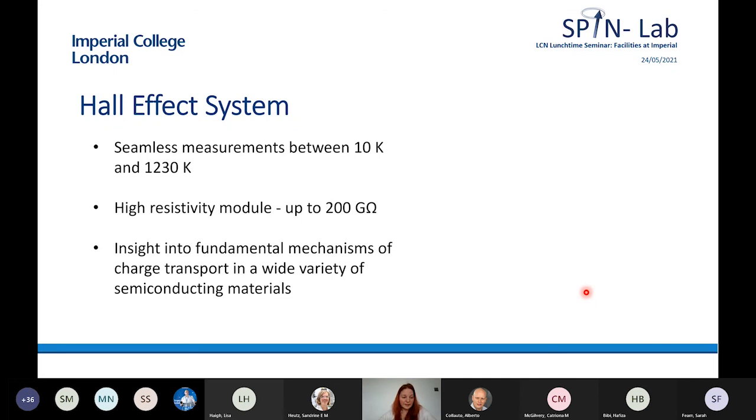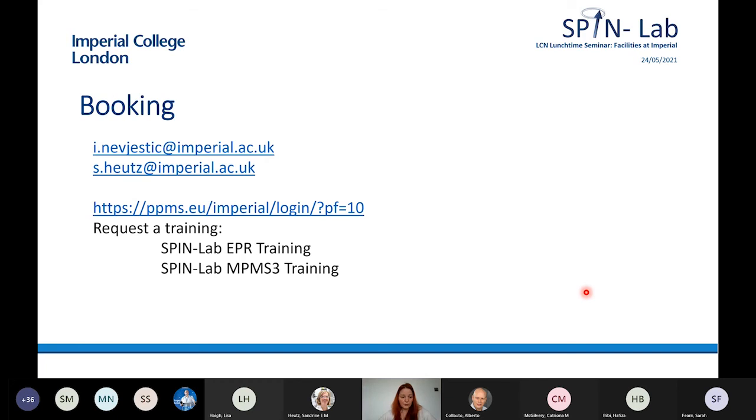The system can give insight into fundamental mechanisms of charge transport in a wide variety of semiconductor materials. So for more information and some measurements discussion, please contact me or Professor Sandrine Hoyts.